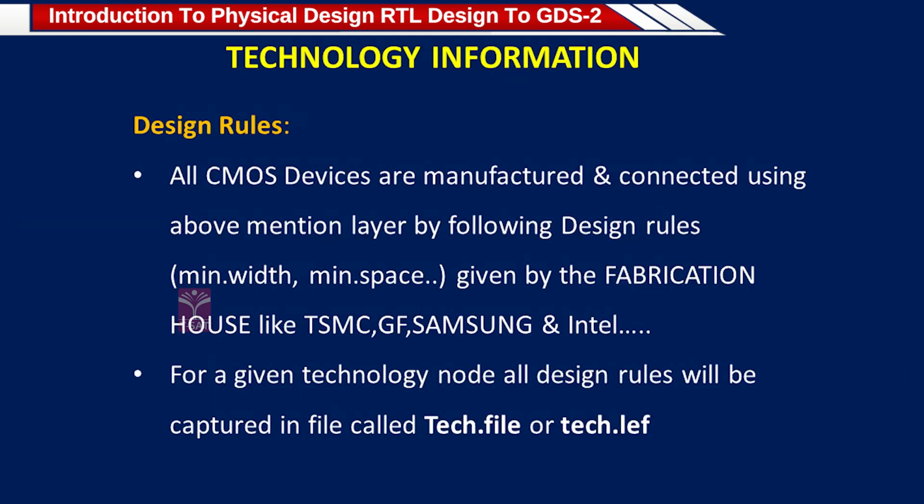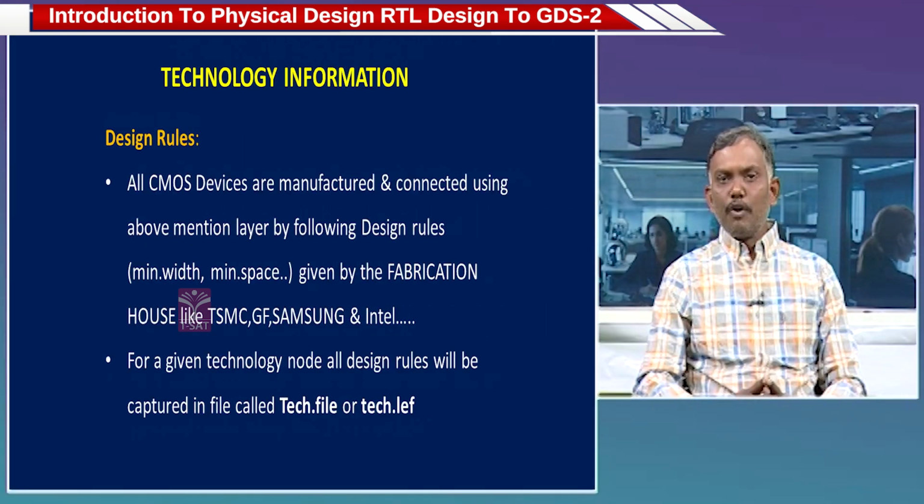Design rules. All CMOS devices are fabricated and connected through these layers, whatever layers we discussed. We should follow design rules given by the fabrication house. Like TSMC is one fab house; Global Foundry, GF, Samsung, Intel are different fabrication houses.